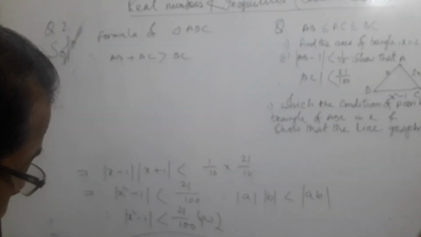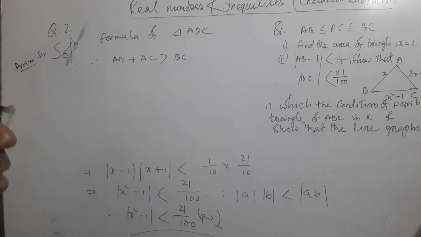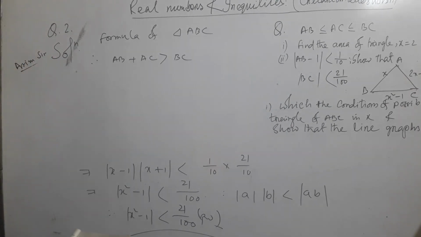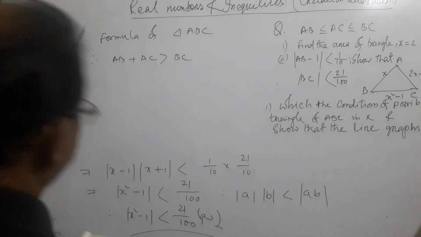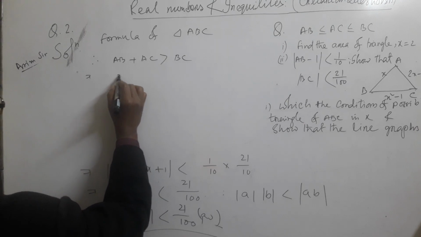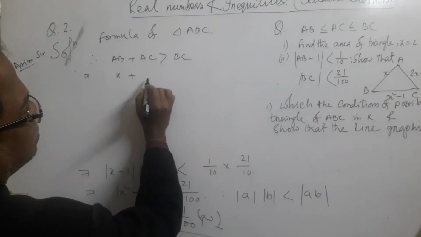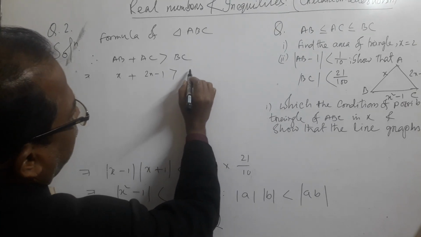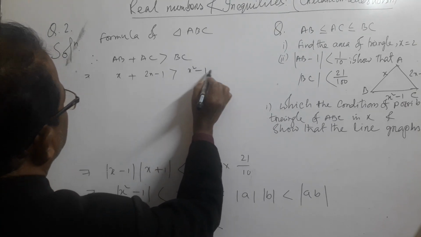It's totally clear, everybody is thinking deeply about this system. So AB is x and AC is 2x minus 1, which is greater than BC, that means x squared minus 1.